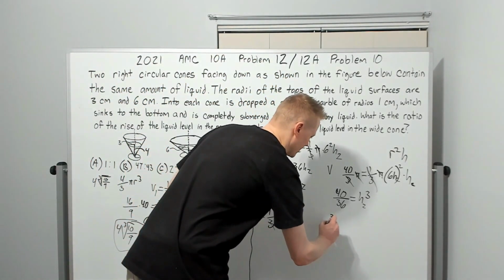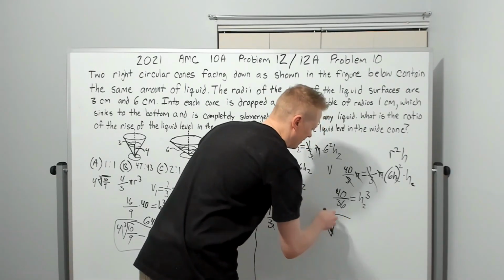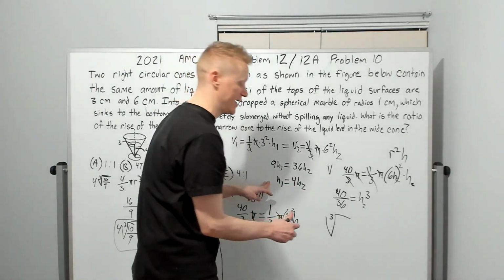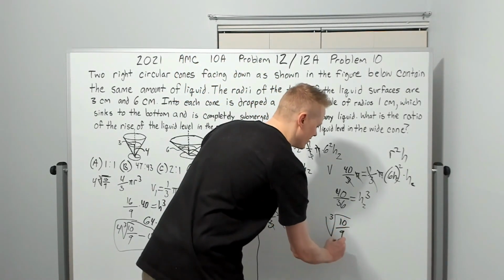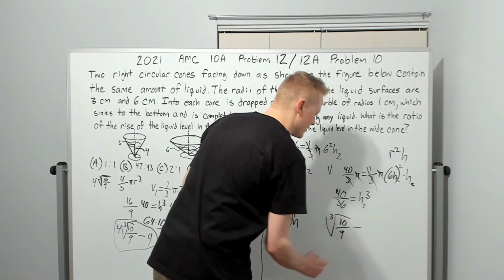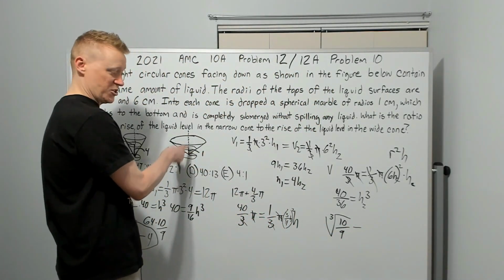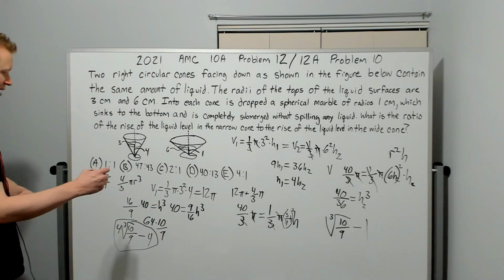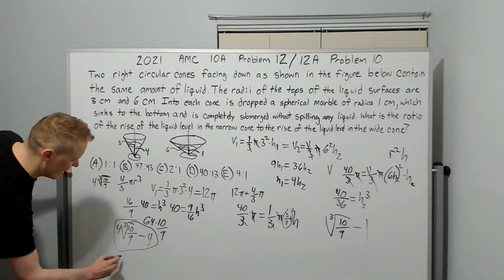So we're going to have the cube root of, let's simplify this, 40 over 36 is 10 over 9, right? So you have the cube root of 10 over 9 minus the original height, which was 1. So cube root of 10 over 9 minus 1. And now you're going to put that here.